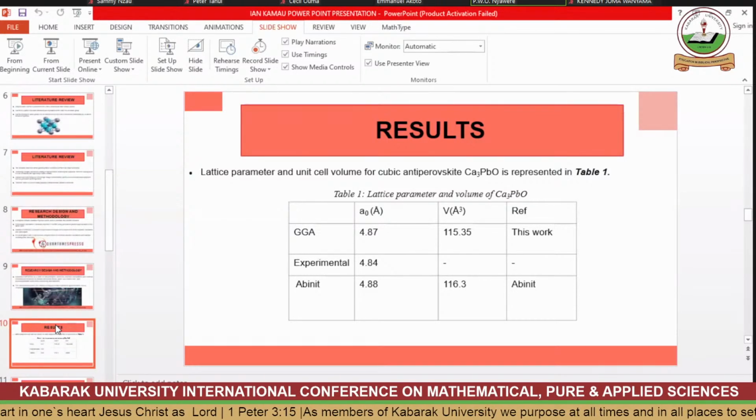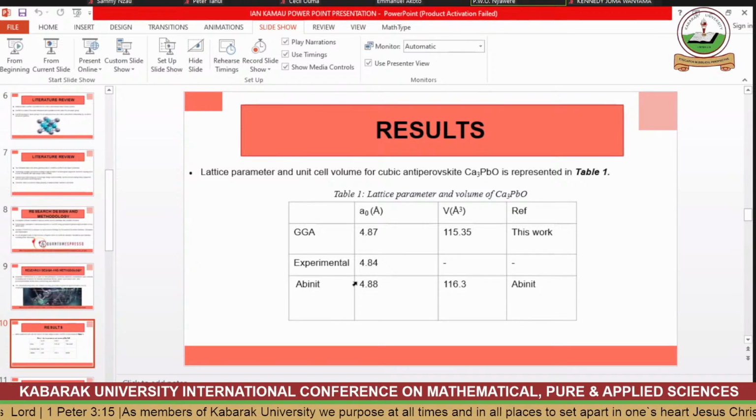You can see that the GGA was 4.87, and the experimental was 4, and ABINIT was 4.88.